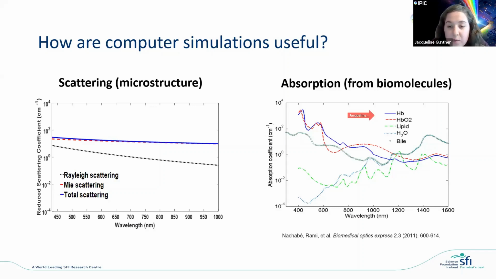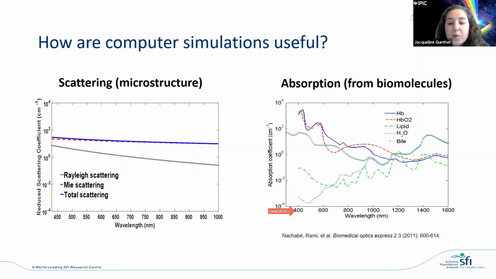I showed you part of the spectrum before with oxy and deoxyhemoglobin, but each of these different components, so lipid and water even, have different spectra or different ways they interact with the light depending on the wavelength. If we look at oxy and deoxyhemoglobin over here, they have high absorption in, say, the 400 to 600 range, but lower absorption at the higher wavelengths.